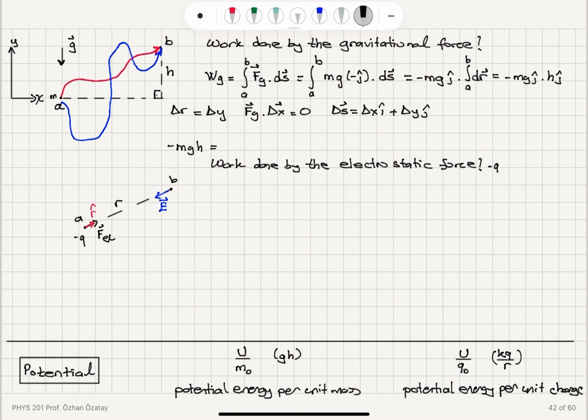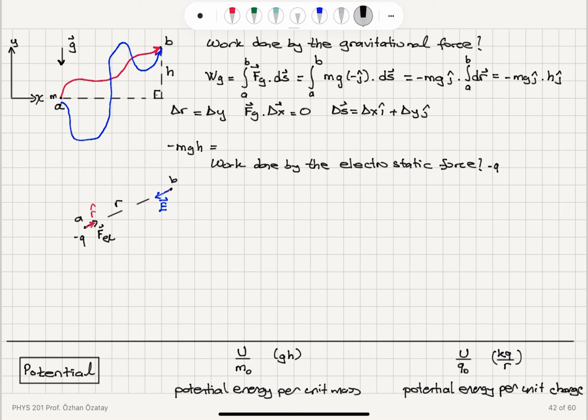Now our displacement is in r hat direction, dr r hat. So we find this is the integral A to B QE dr. So basically here we have noted the electrical force here is minus Q times the electric field, which is minus Q magnitude E in minus r hat direction.